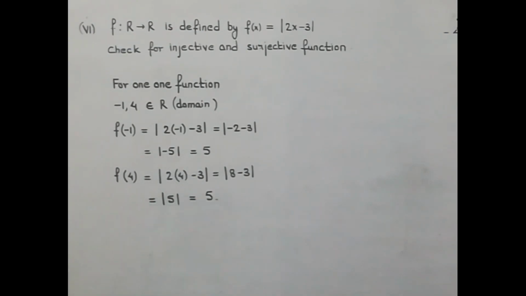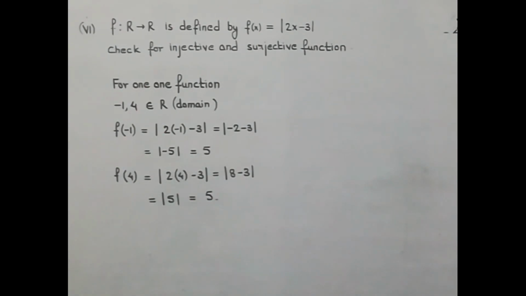So here we can see that two elements belonging to the domain get the same image. If two or more than two elements from the domain get the same image, we call it many one function. That is not one one.